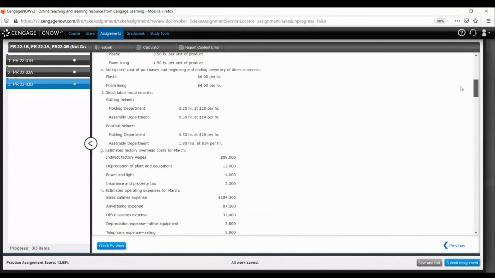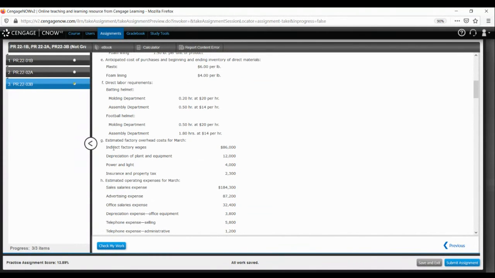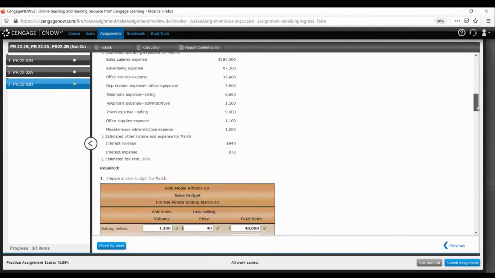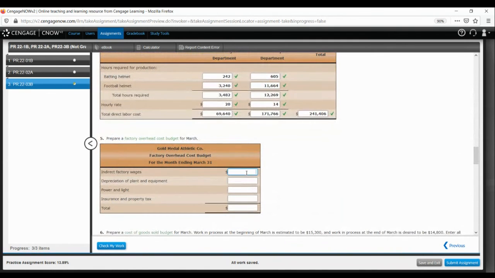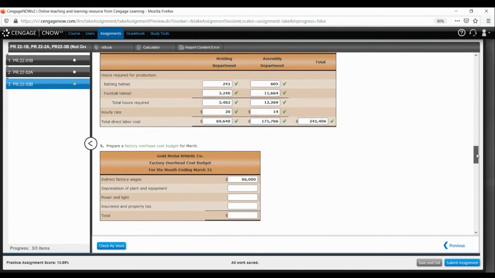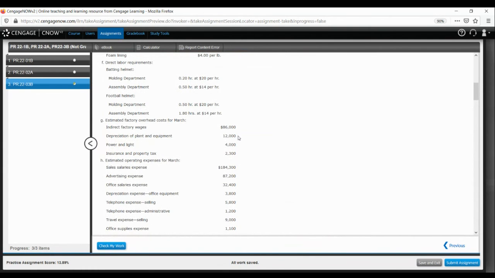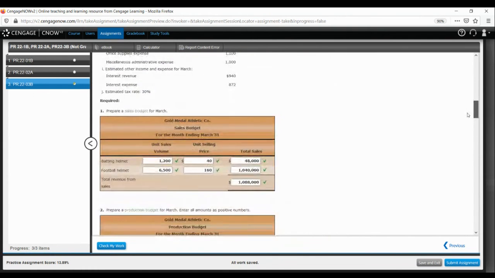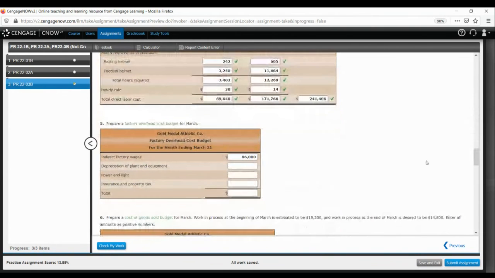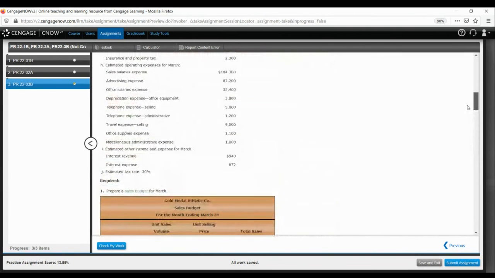So starting with the information in Part G, your indirect factory wages are $86,000. You just simply plug that in. Your depreciation for your power and light was $12,000. Your depreciation of your plant equipment was $12,000.